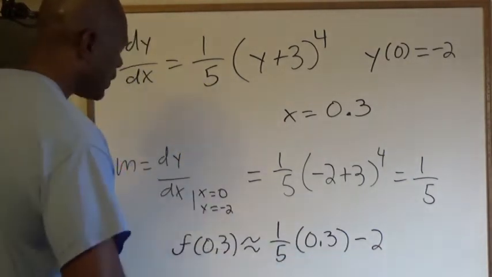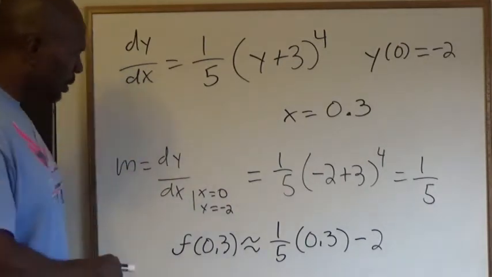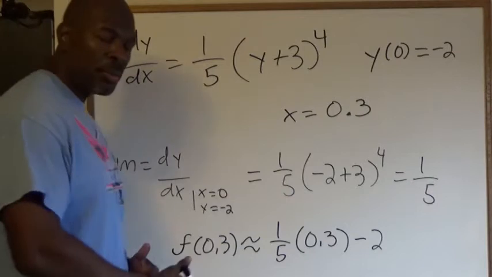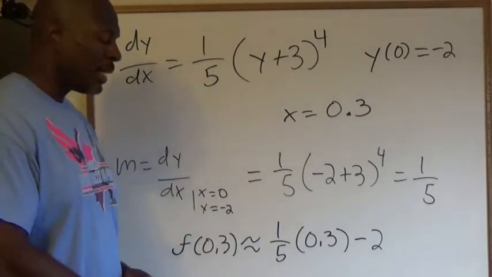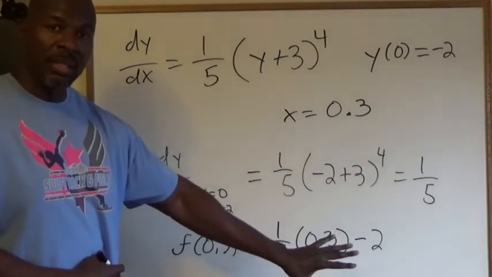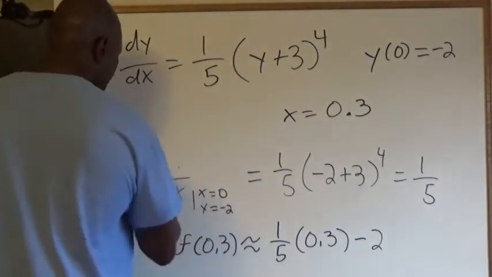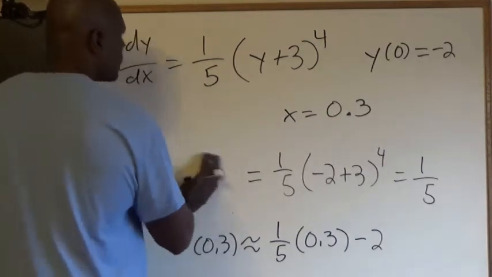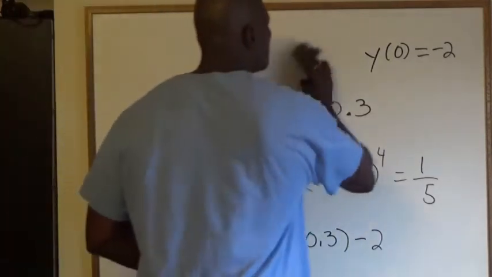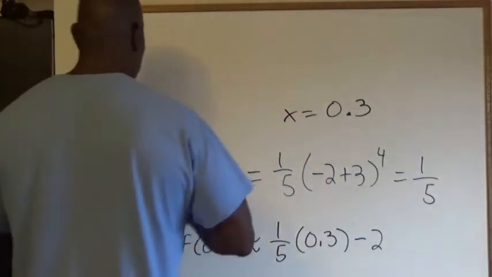Now, I have to mention on these problems, typically the instructions say write an equation of the tangent line and then use the equation of the tangent line to approximate this given solution. So generally, in most cases, prior to giving this solution, you would write the equation of the tangent line.